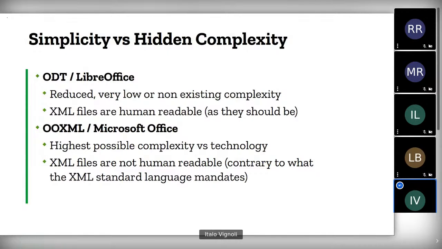And the opposite happens when I show them a Word document. The level of complexity is the highest possible. They have reinvented and redesigned what it was possible to reinvent and redesign.